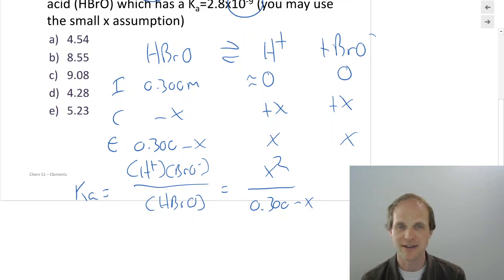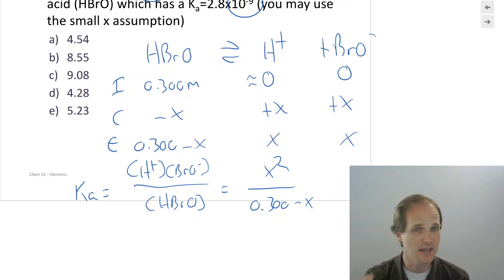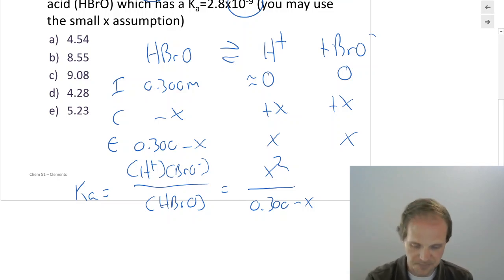Does that mean you don't have to write it out? No, because you're just learning this stuff, so I want you to practice these ICE tables, get them down so that you can do them like that, right? Then after you leave this class, if you ever need to do it again, you're like, okay, I got the ICE table down, and I can use some of these shorthands that you might see on the internet. But when you're doing it for my class, I want to see the ICE table every time.